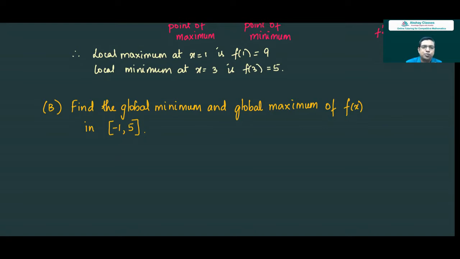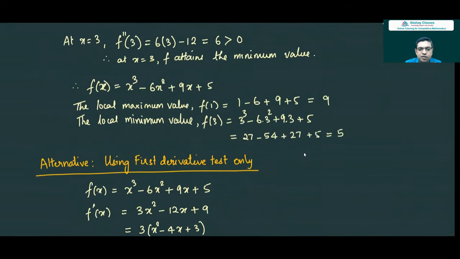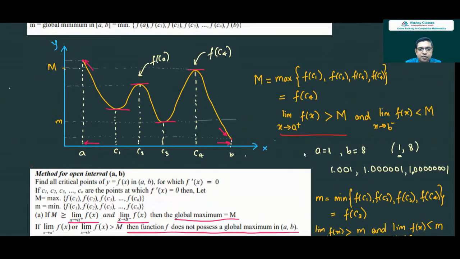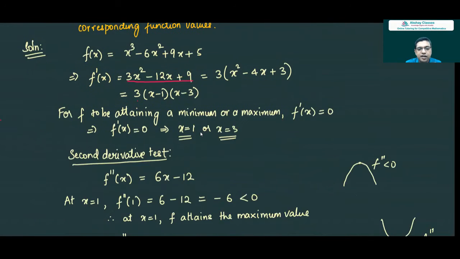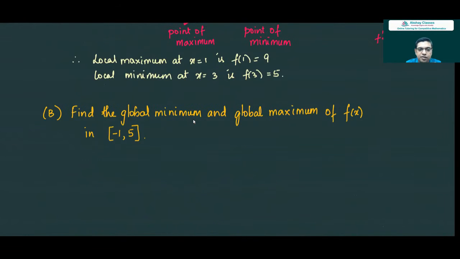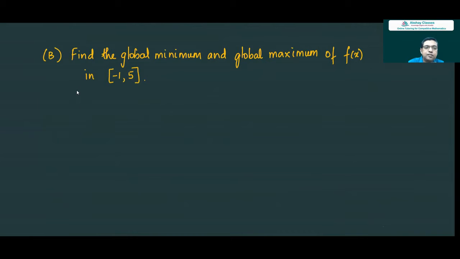So what we should do, according to the previous discussion, is find the critical points and the end points of the interval. We have to identify and choose the minimum and maximum value. We already found the critical points.